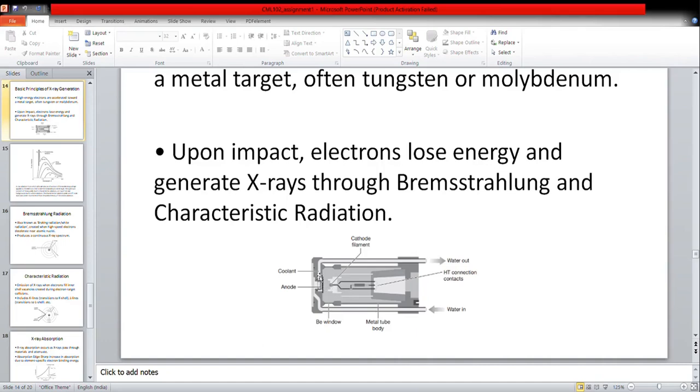There is also a coolant from which water comes out in order to cool down the system, since a lot of heat is generated in the process. The water comes in here and goes out here. So this is the metal body. What happens is we strike electrons on the metal body and those electrons lose energy. That energy is emitted in the form of X-rays.